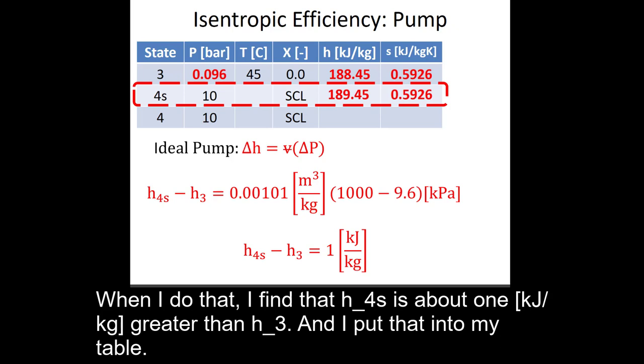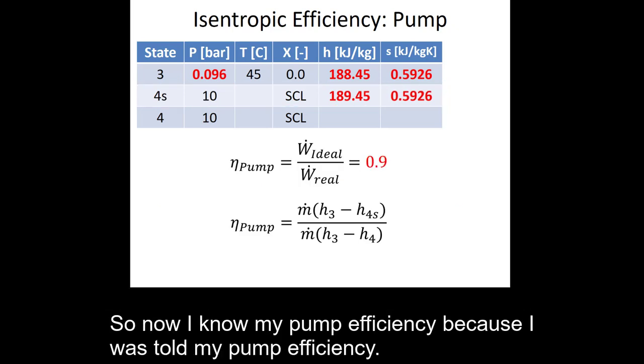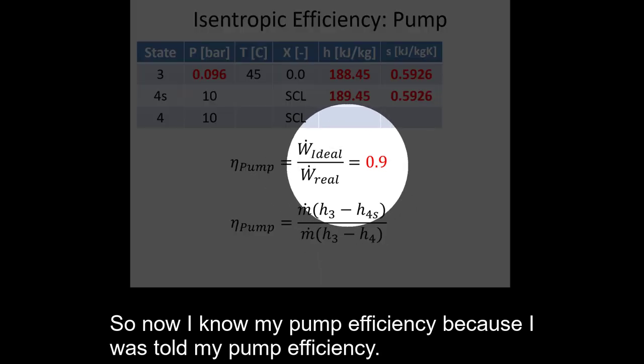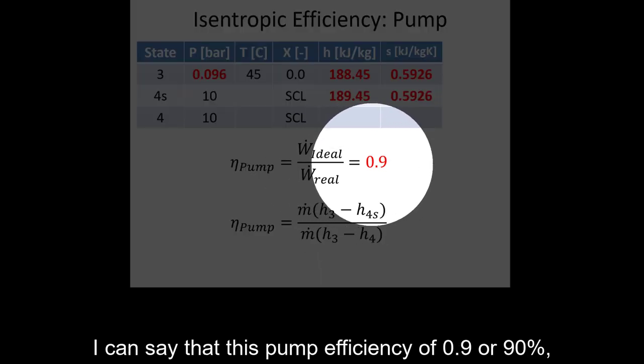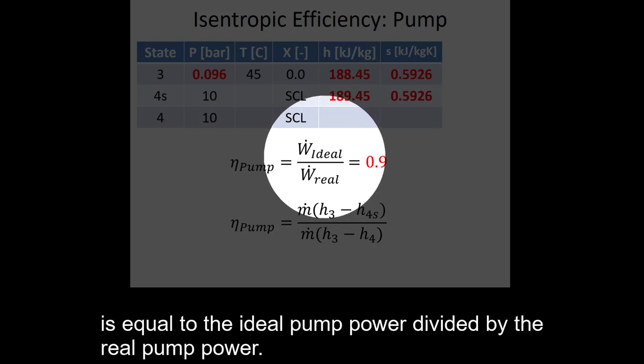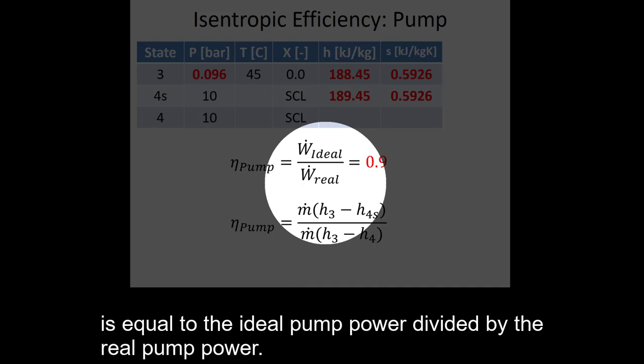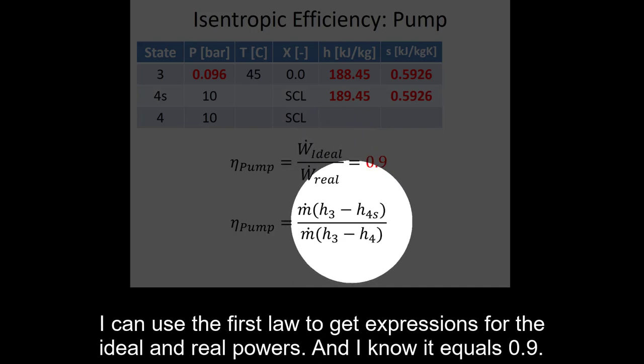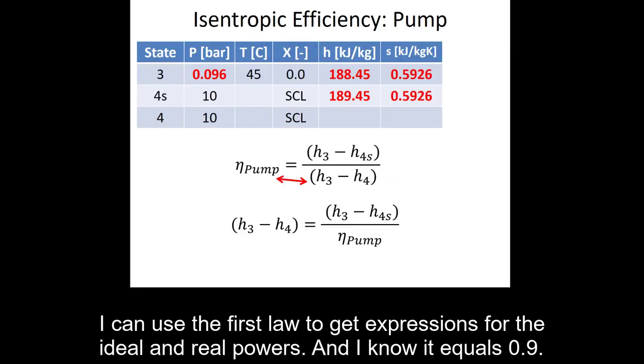And I put that into my table. So now I know my pump efficiency because I was told my pump efficiency. I can say that this pump efficiency of 0.9 or 90% is equal to the ideal pump power divided by the real pump power. I can use the first law to get expressions for the ideal and real powers, and I know it equals 0.9.